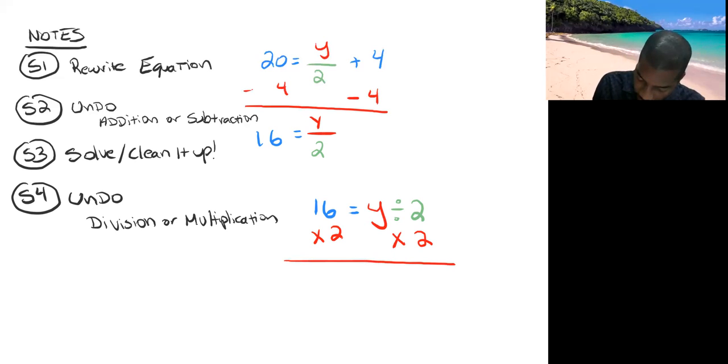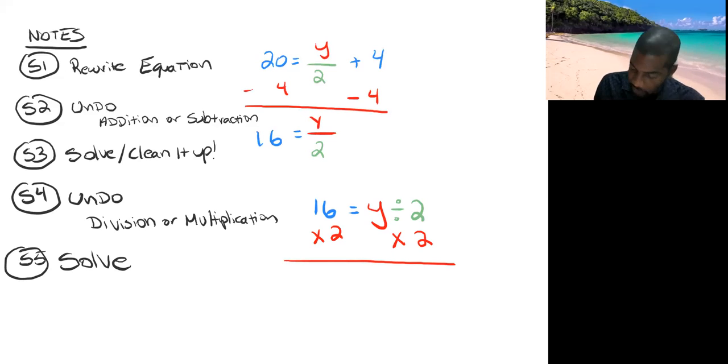Step 5 would be to solve and clean it up again. 16 times 2 is 32, I believe. Yes, 32. There's a lot of pressure to do this while you're being recorded. Y, nothing happened to it.